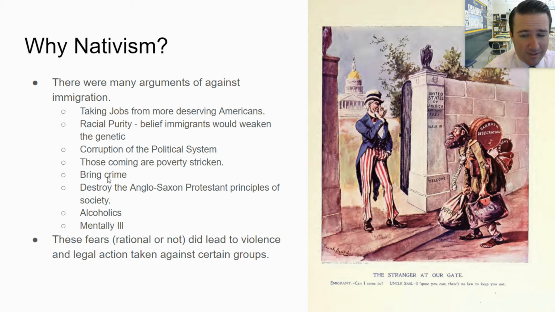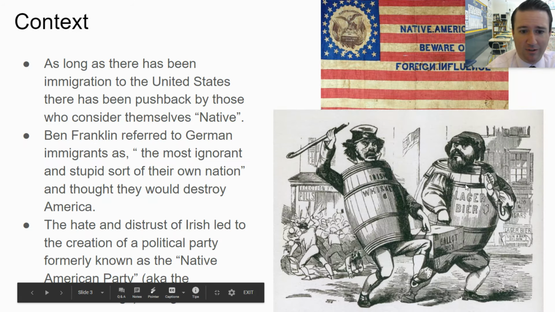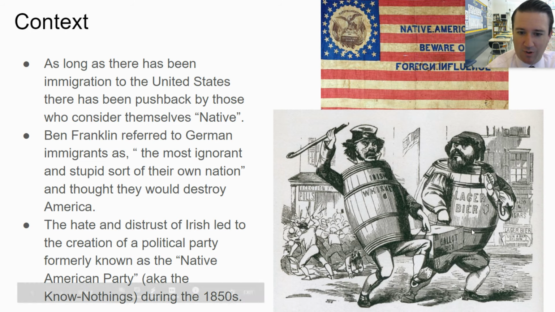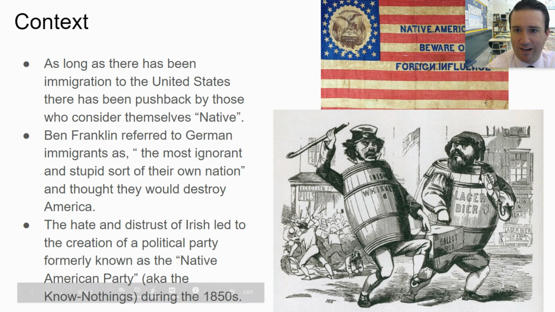There were also claims about alcoholics among people who came from Europe, Irish and German. Let's see, right here, this is a local cartoon. You can tell the person is supposed to be Irish, wearing an Irish whiskey barrel, and this one is wearing a lager beer barrel, depicting that the Irish and the Germans are both drunks and alcoholics.